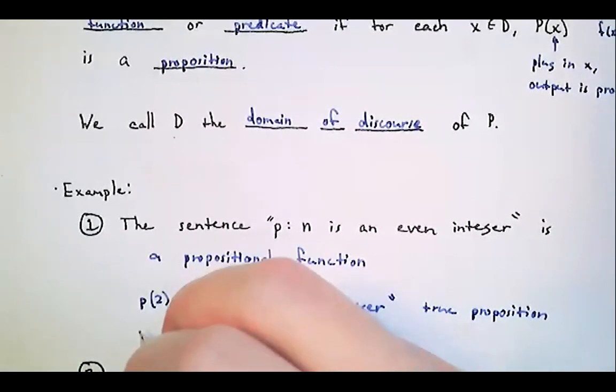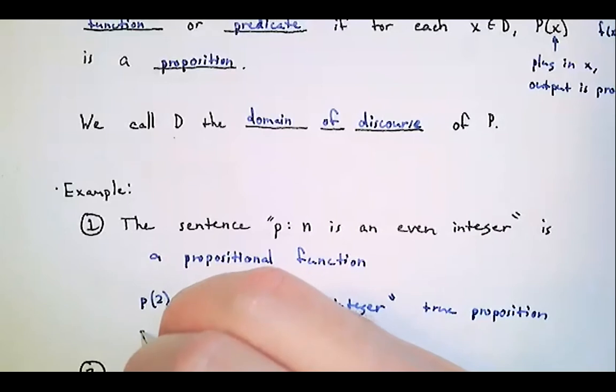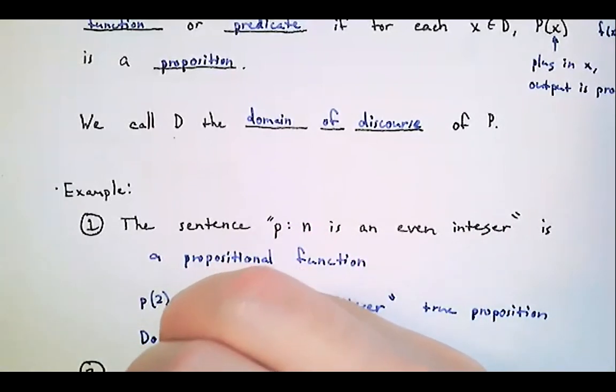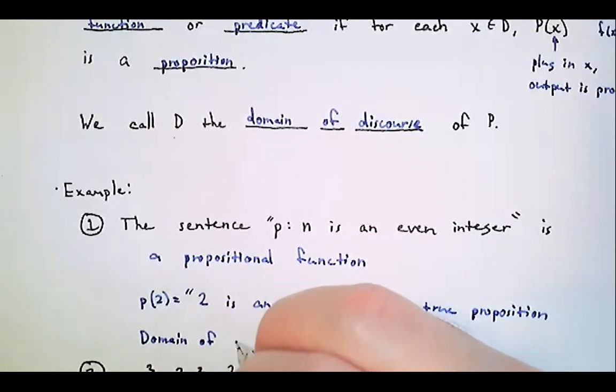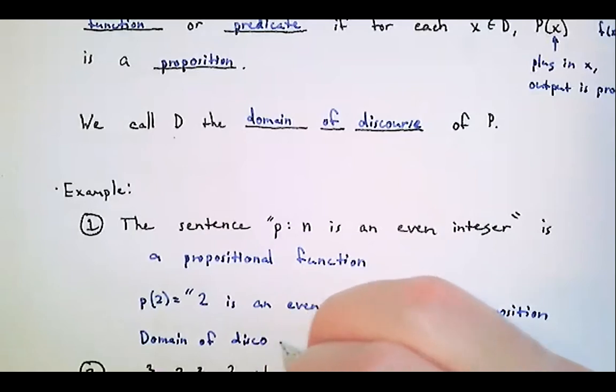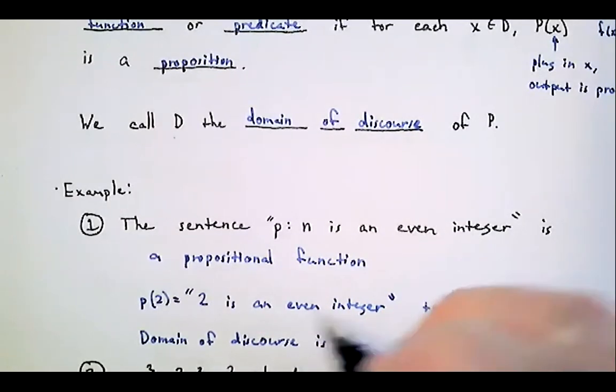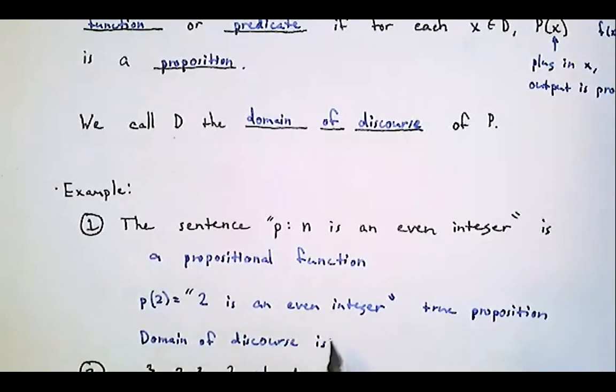So what should the domain of discourse be for this propositional function P? Any ideas? What sorts of things can we plug in? Even integers. So if we plug in an even integer, we'll always get a true proposition.